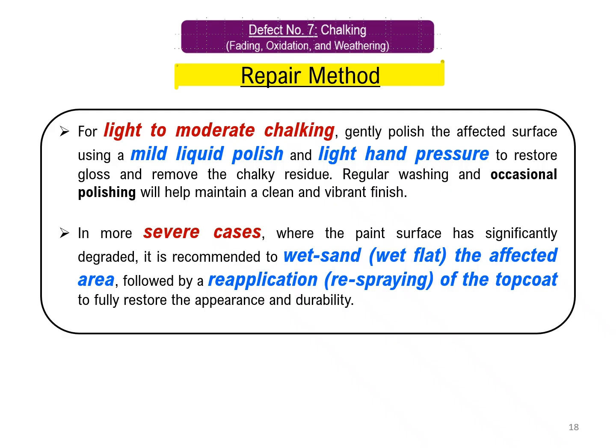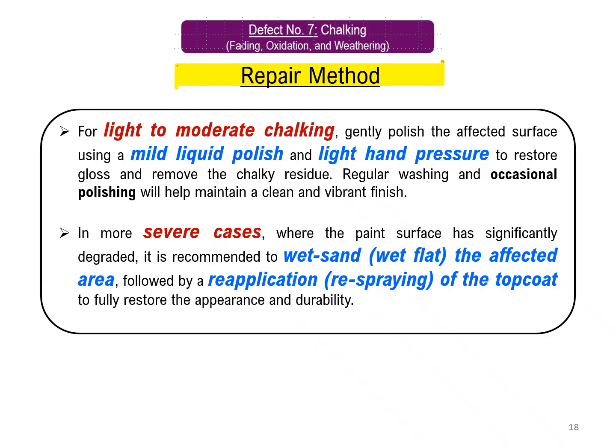Coming to the repair method applicable to chalking or weathering. For light to moderate chalking, gently polish the affected surface using a mild liquid polish and light hand pressure to restore gloss and remove the chalking residue.